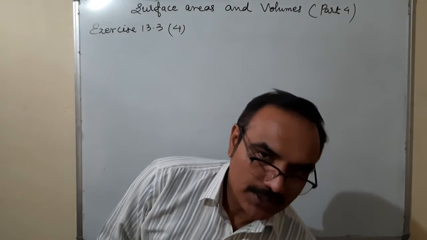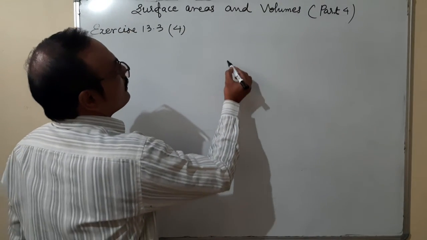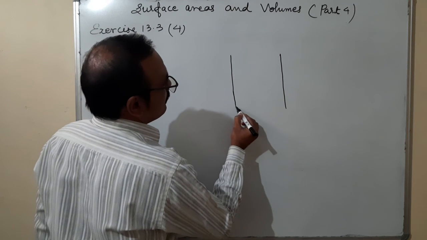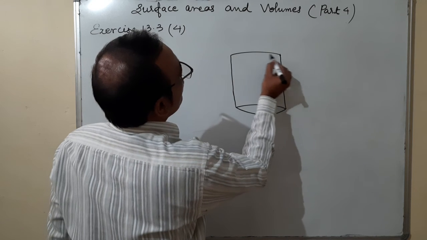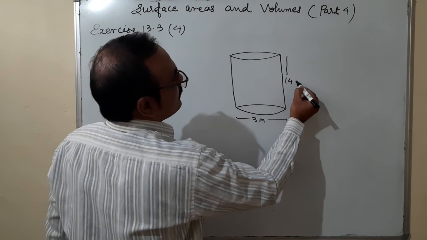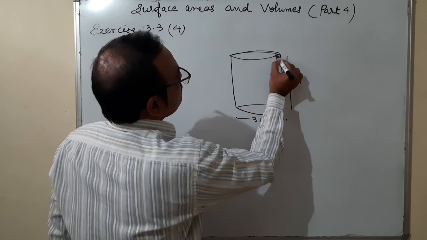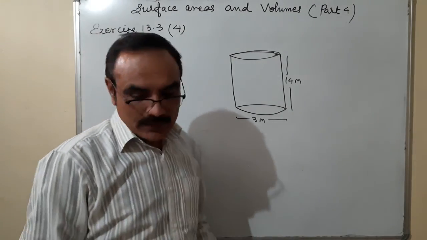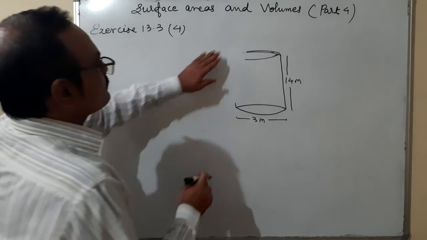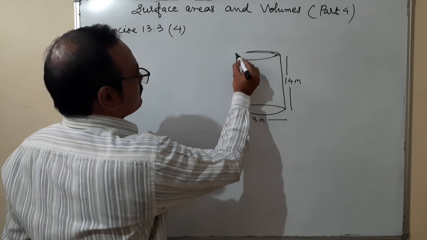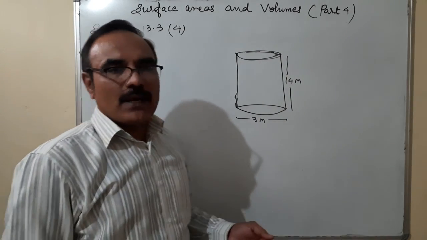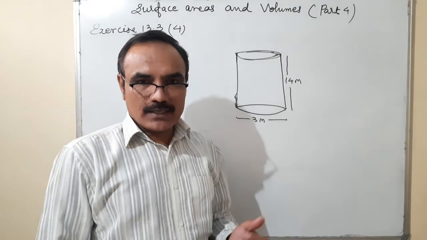A well of diameter 3 meter is dug 14 meter deep. Everybody has seen a well.